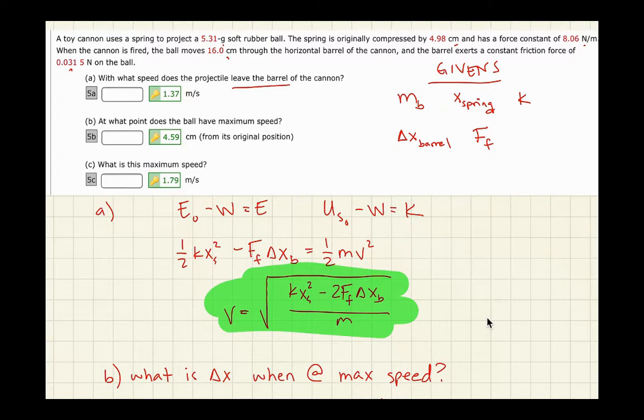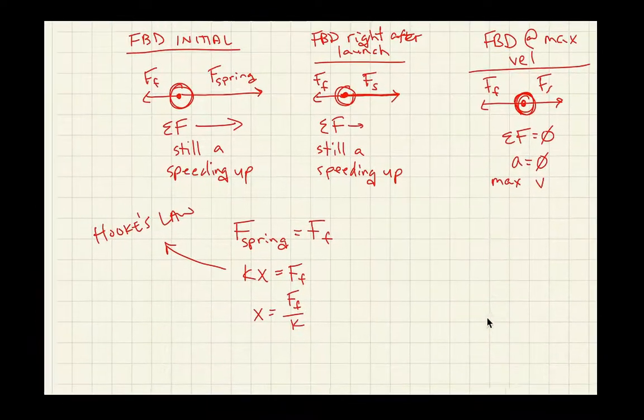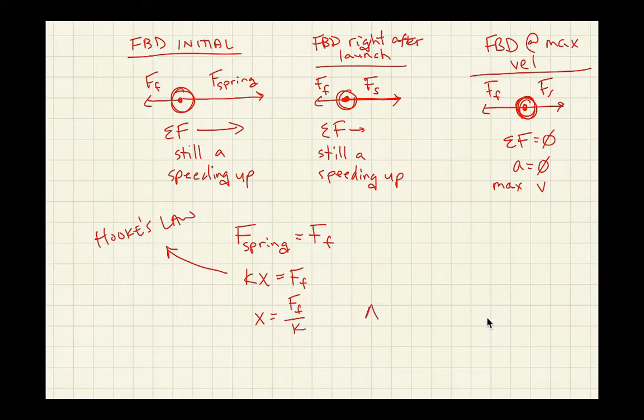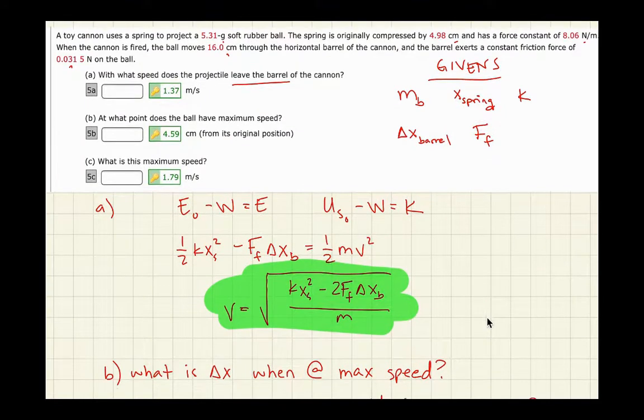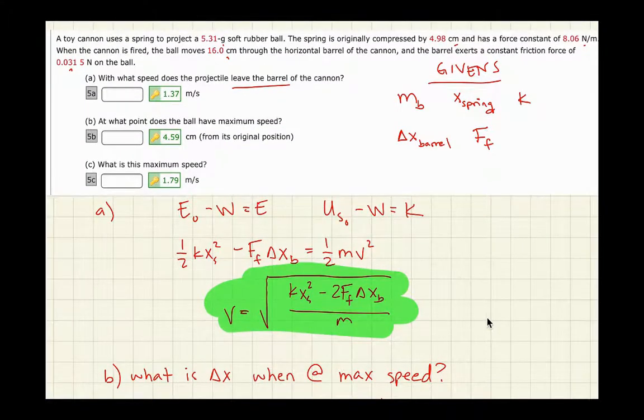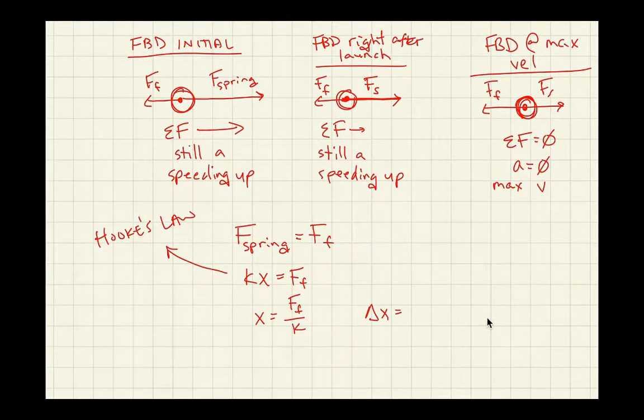So that will be the displacement from equilibrium. So then the delta x will be measured from the equilibrium position, right? In this case, that'll be 4.98 centimeters from start. So there will be our delta x.